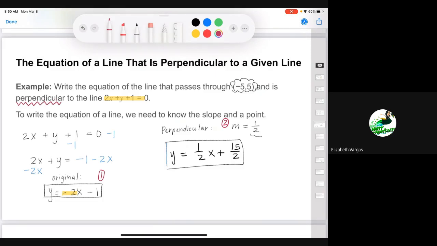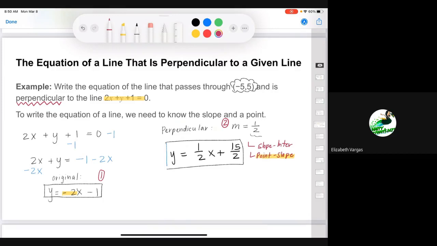Once we identify the negative reciprocal, we need to determine, can we put our information into slope-intercept form, or can we put our equation into point-slope form? And we identified that we need to put it in point-slope form because we're not given our y-intercept. If we are given our y-intercept, then we can easily just put it in slope-intercept, but because we're not, we're going to put it in point-slope form.